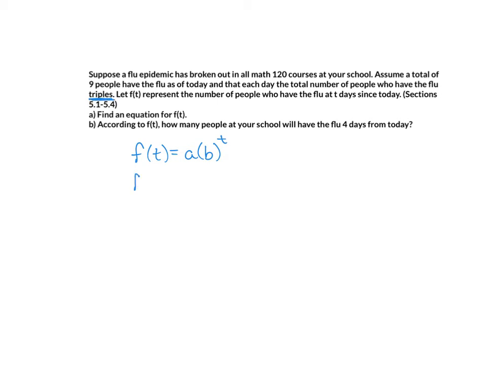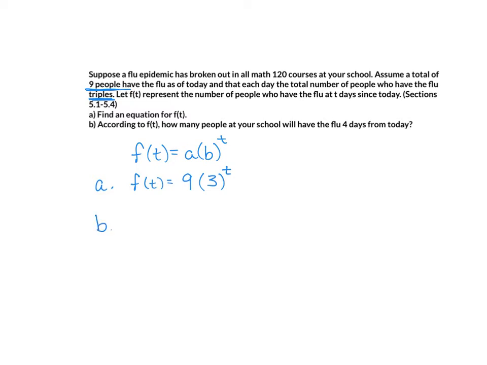Triples means that each day it multiplies by 3, so I'm going to put that in for my b. What is our initial value? It says that 9 people have the flu as of today, so that is my initial value. And that is our equation.